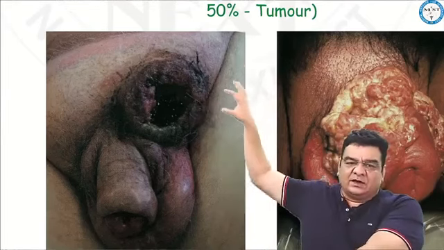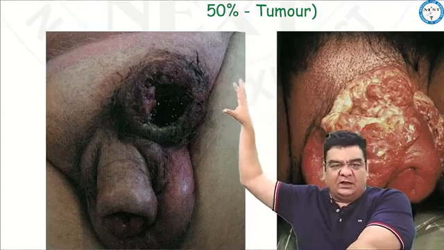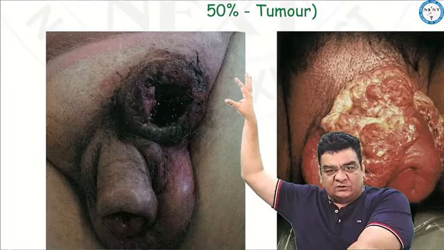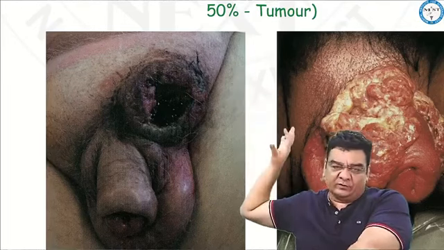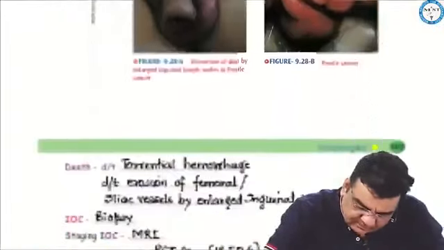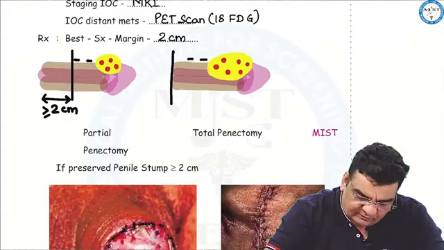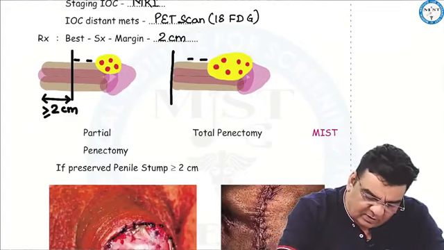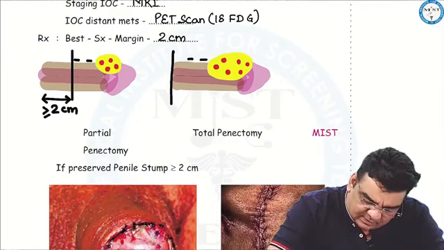But if suppose there are enlarged lymph nodes, then first we give 3 weeks of antibiotics. If the lymph nodes do not resolve, then we believe they are because of tumor, and then we have to remove those lymph nodes. So in the treatment of penile cancer, we can do a partial penectomy or a total penectomy.